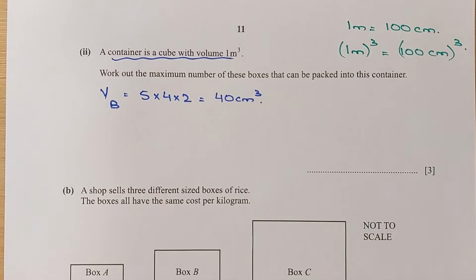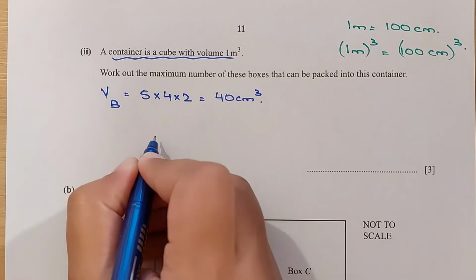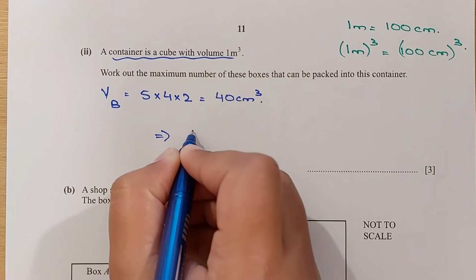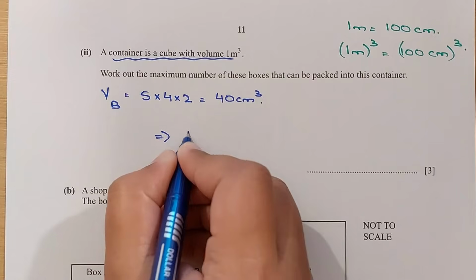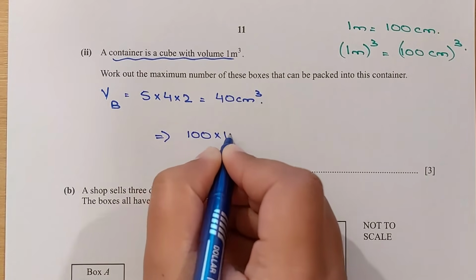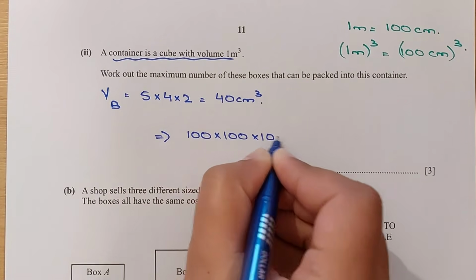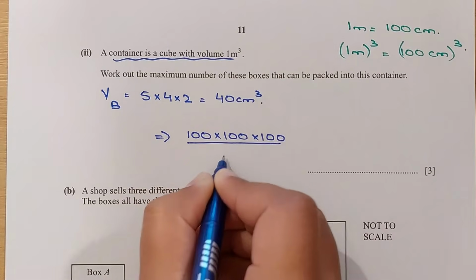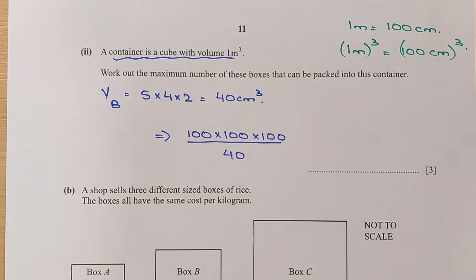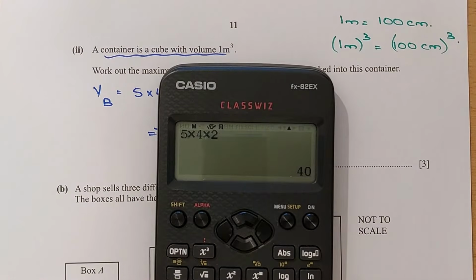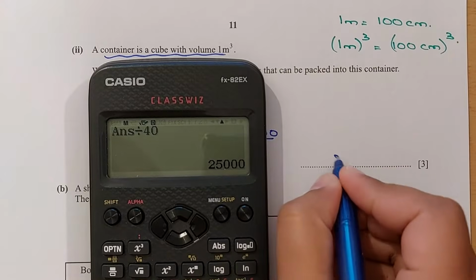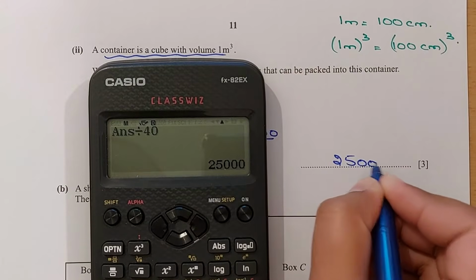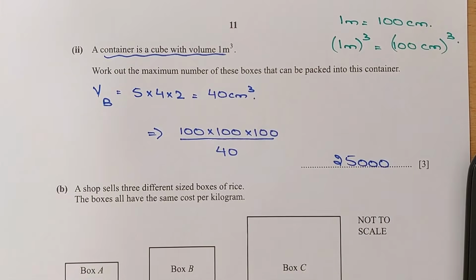To find the maximum number that can be packed, we divide the volume of the container, that is 100 cubed, by 40. Both are in cubic centimeters. So 100 cubed divided by 40 is 25,000. We can pack 25,000 boxes in that container.